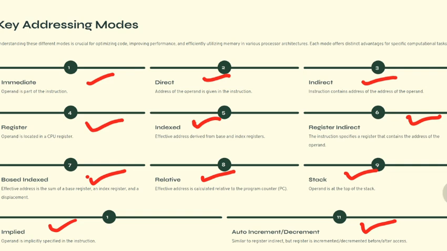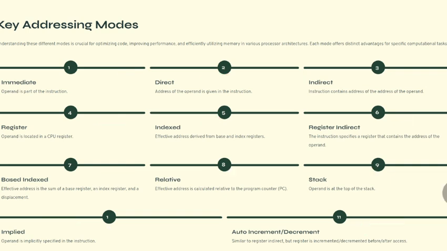I'll explain all these one by one. Some are very famous, like direct, indirect, register and immediate. The most frequently used are register, direct and indirect. In examinations you will get the question of the difference between direct and indirect addressing mode. I'll make a separate video for that difference.